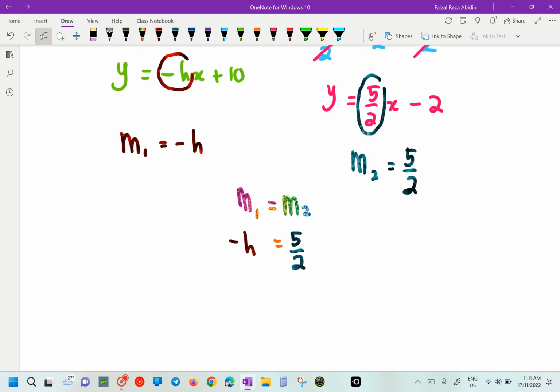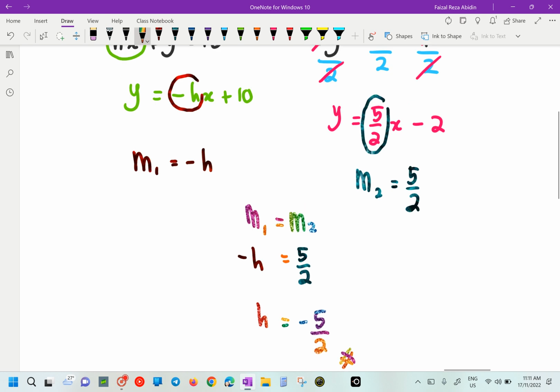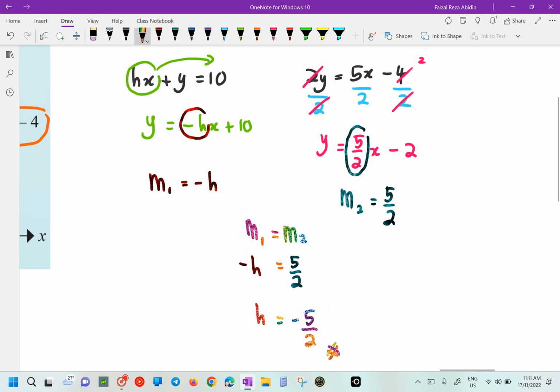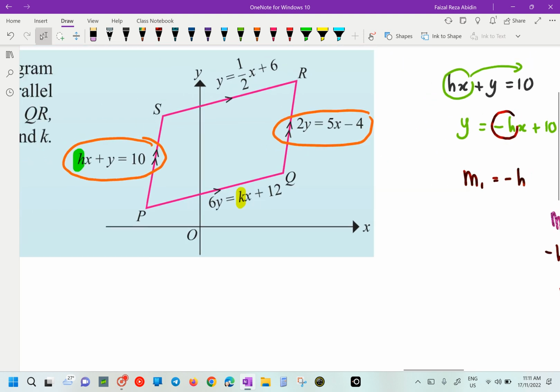Negative H equals 5/2. We are going to find our H, so bring the negative to the right side. H here is negative 5/2. Can girls?